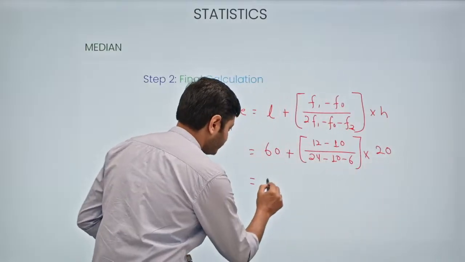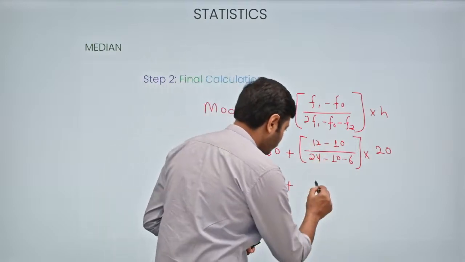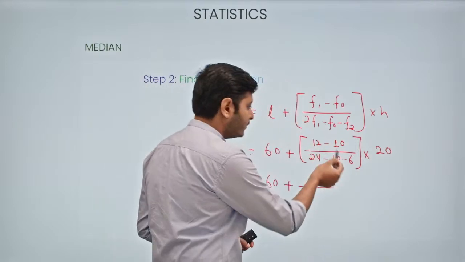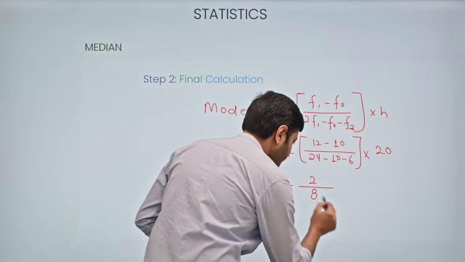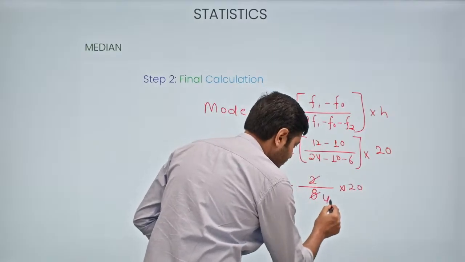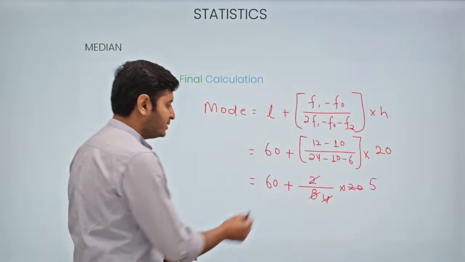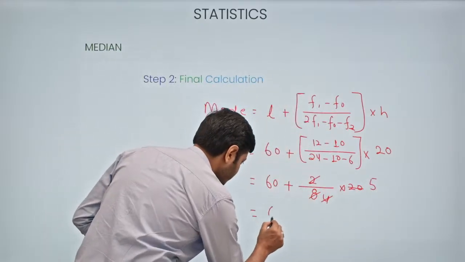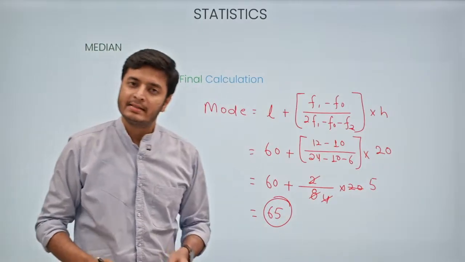Now 60 as it is plus 12 minus 10, 2, divided by 24 minus 10, 14, minus 6, 8, into 20. So what are we left with? 60 plus 5, that is 65. So the mode of this data set is 65.